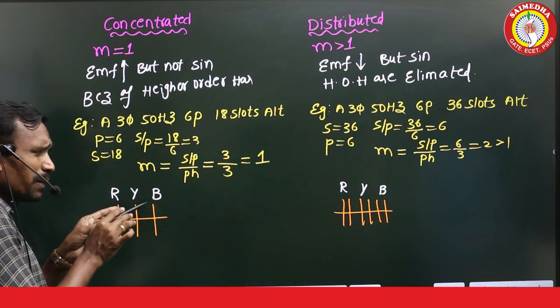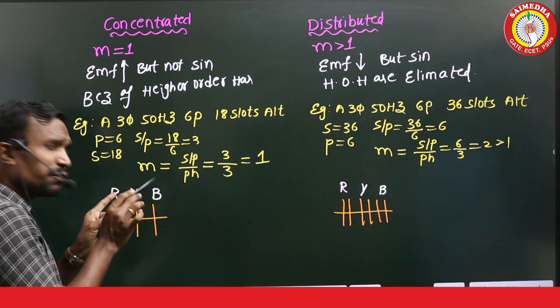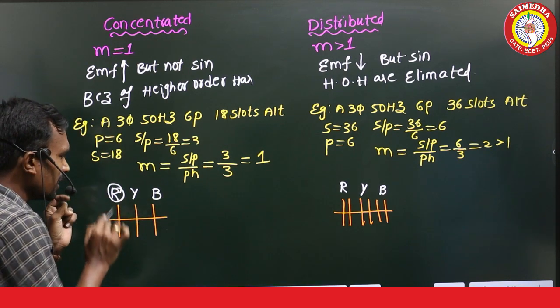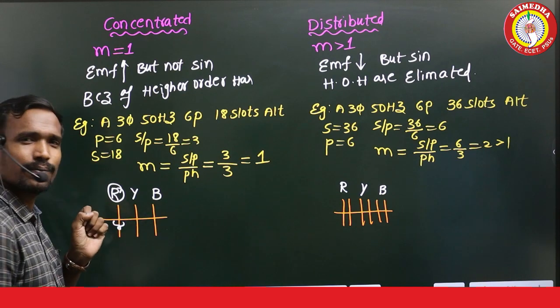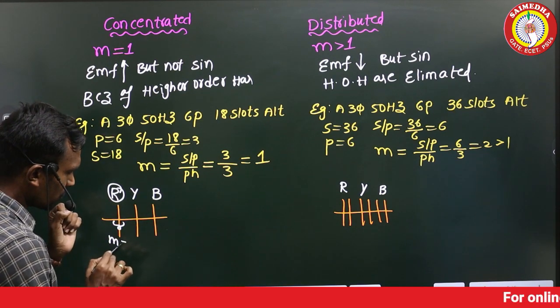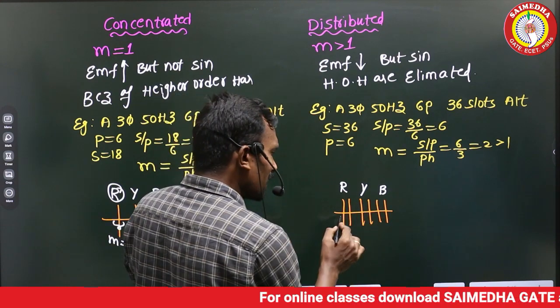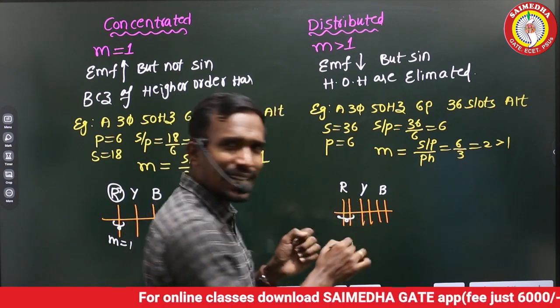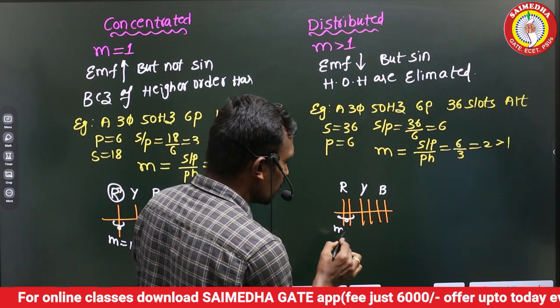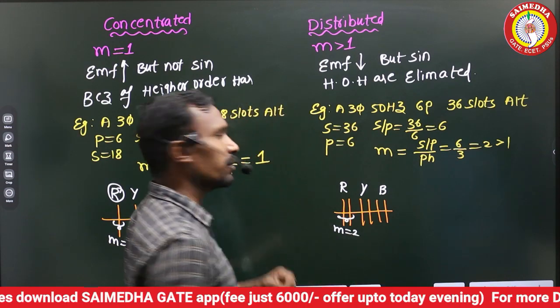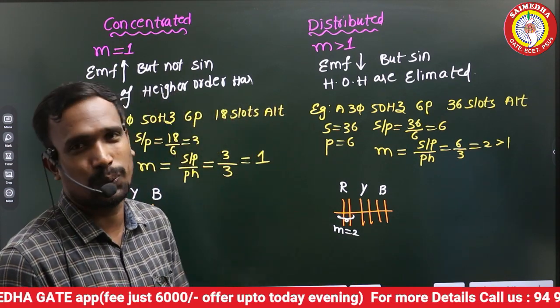Here, slots per pole is 3, but slots per pole per phase is only 1, which is M equal to 1. Here slots per pole is 6, but slots per pole per phase is 2.